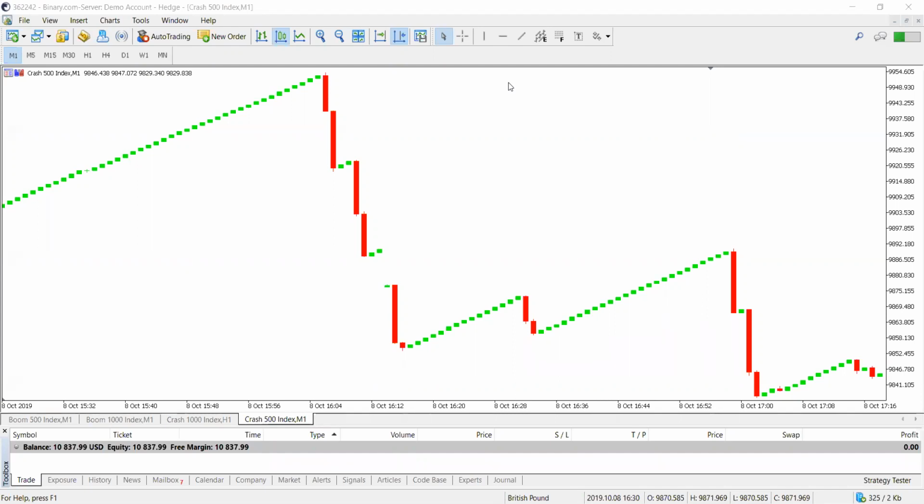Let's quickly start with our Crash 500. I want to make a disclaimer that this is not a Forex class. A Forex class is separate from a strategy class. This is a strategy class. So people will end up asking questions of Forex nature, like, how long do I hold?